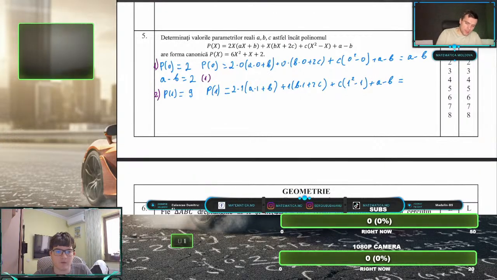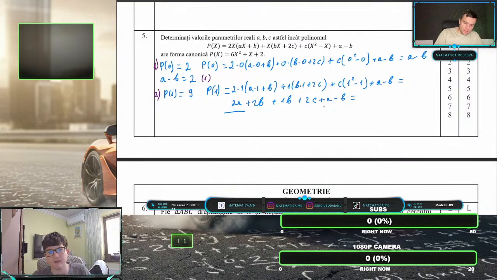And so we have a system of a minus b something, two equations like that, and we're gonna be able to find what is a and what is b. Perhaps what's c, we'll see.